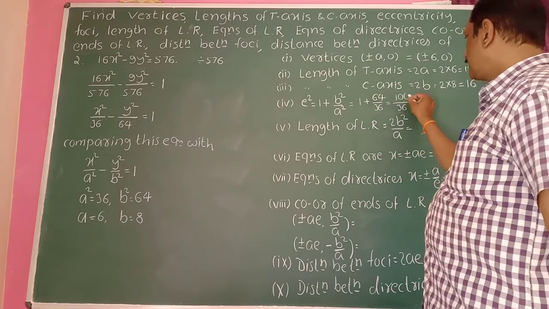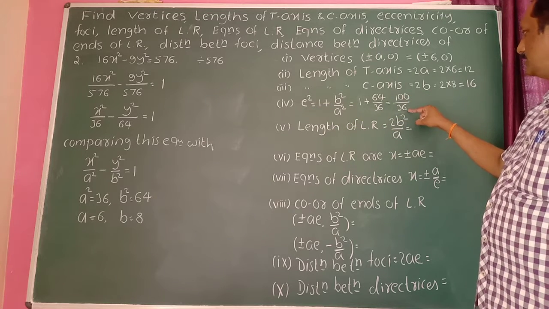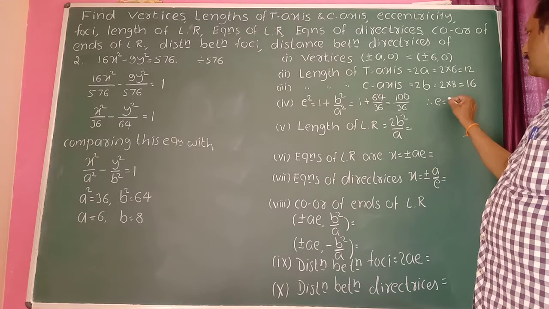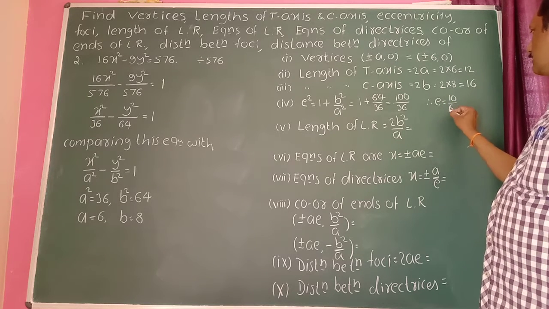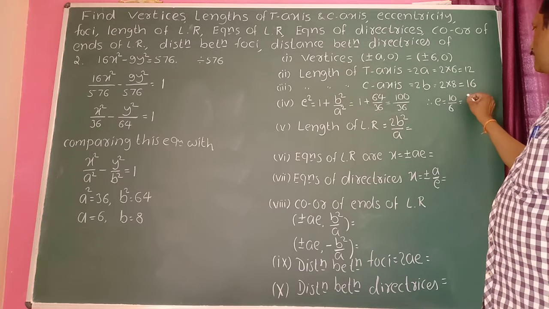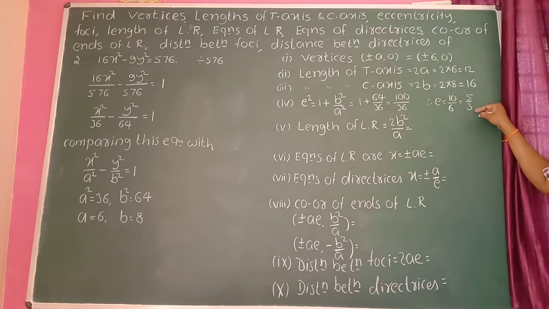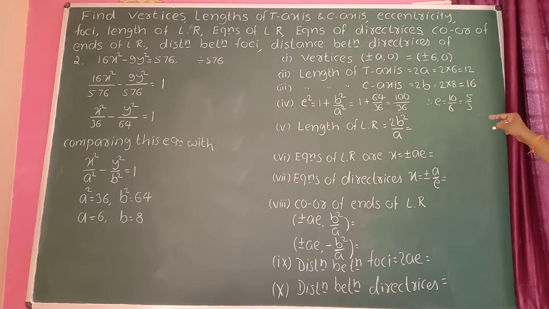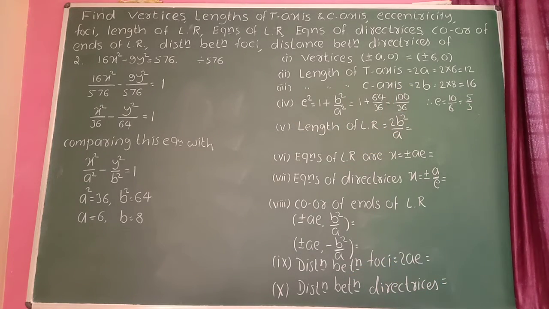So e² is equal to 100/36. Therefore, e is equal to 10/6, or 5/3. Obviously, this value is greater than 1. If it is greater than 1, this conic is a hyperbola only.